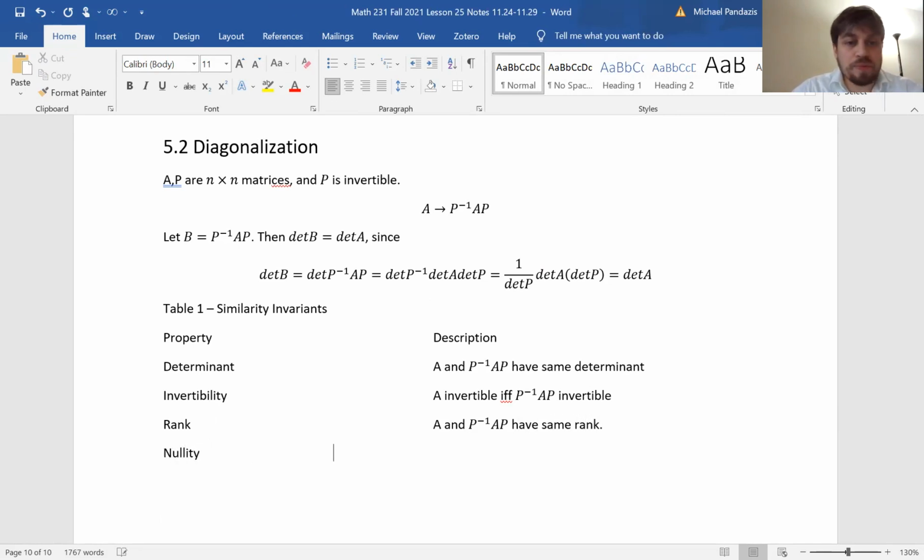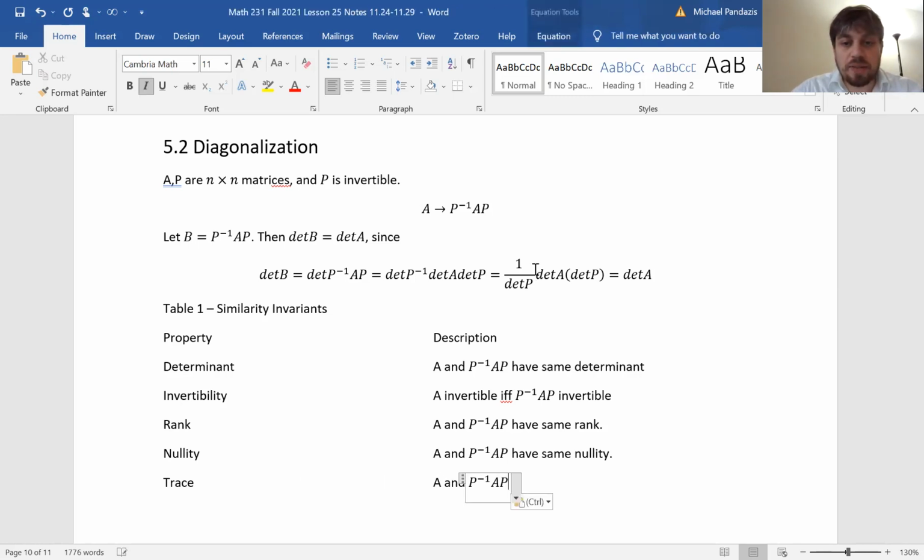Nullity: A and P inverse AP have the same nullity. Trace: A and P inverse AP have the same trace.